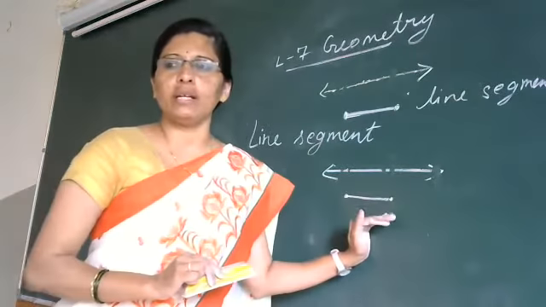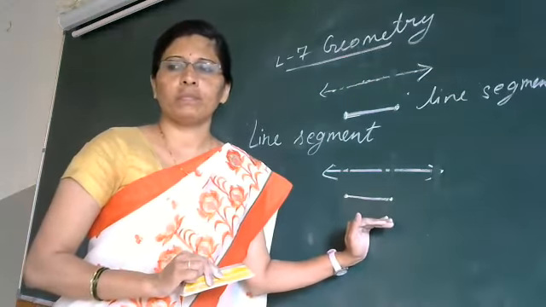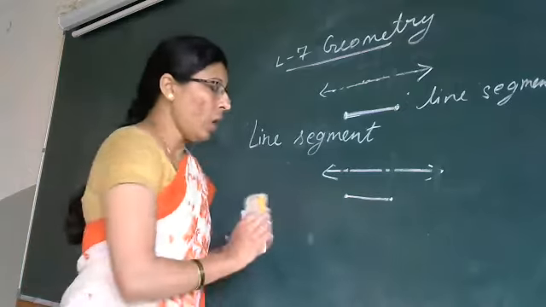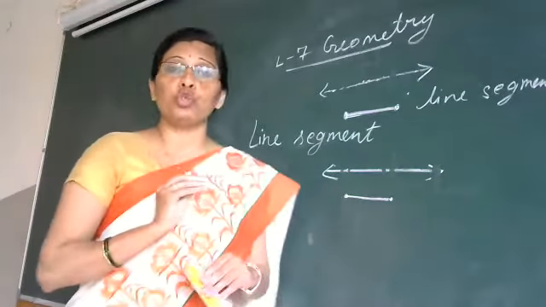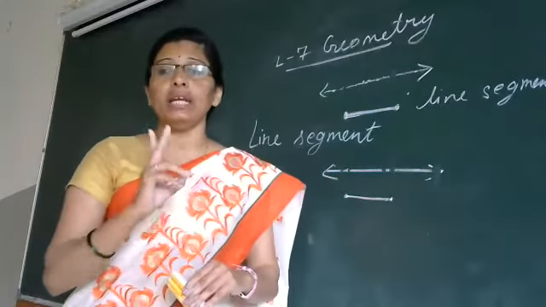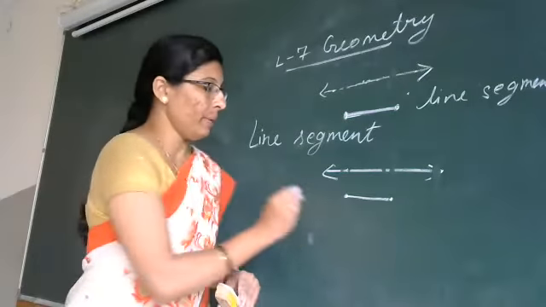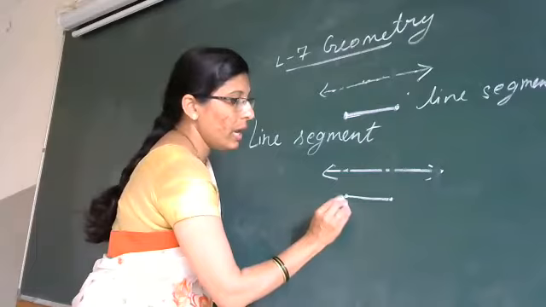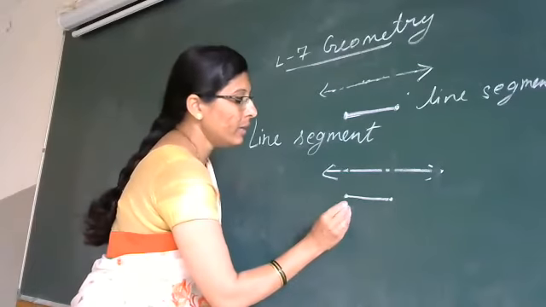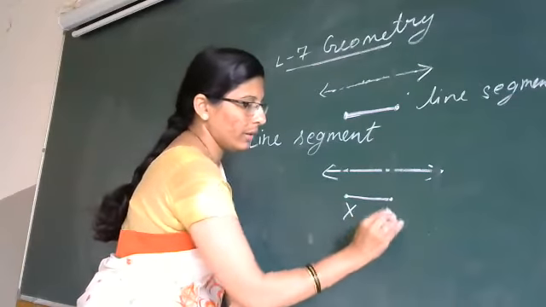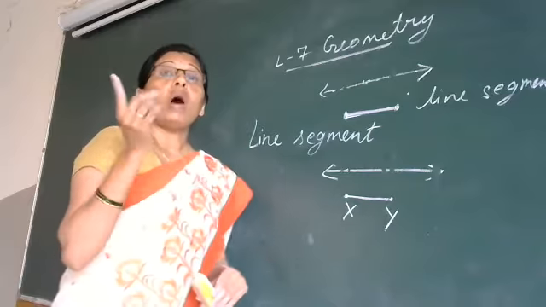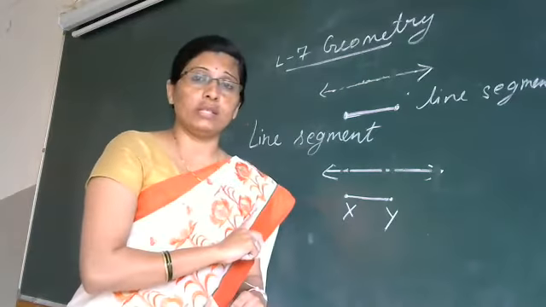Okay, tell me, line segment understood? Yes, ma'am. Okay, now line segment also we can name by any two capital alphabets. For example, line segment XY. Now, what will be the symbol for this?